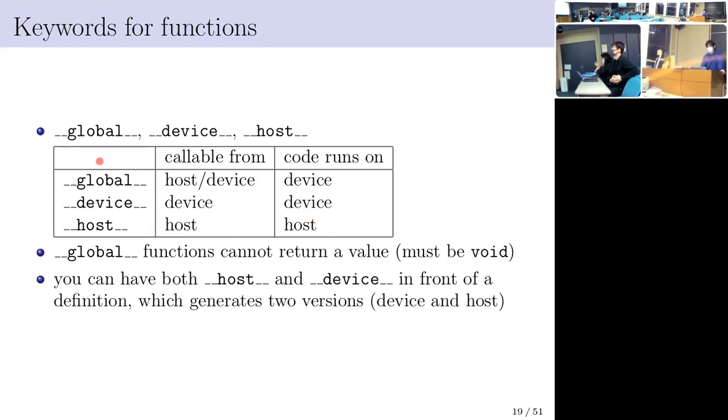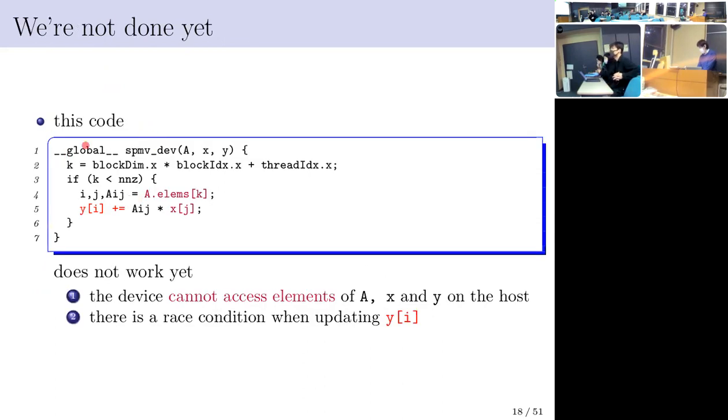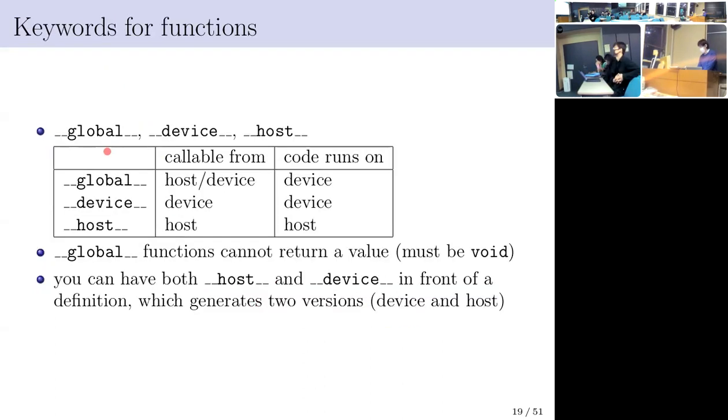Here are some small things about CUDA programming. There are some keywords you need to remember. Those keywords are attached just in front of a function, like you have actually seen before here.